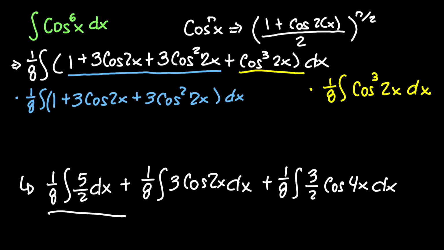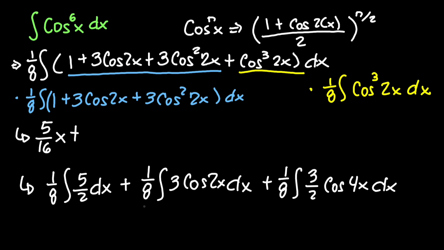Now, let us focus on this first one first. Put 5 halves outside the integral, and so it will be multiplied by 1/8. 1/8 multiplied by 5 over 2 would be 5 over 16, and the integral of dx would be simply x. We are now done with this first part.